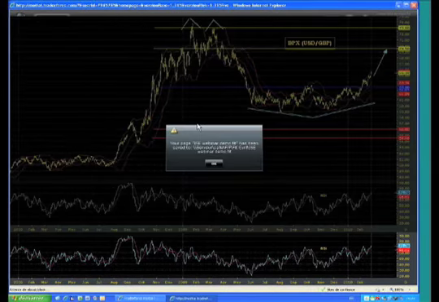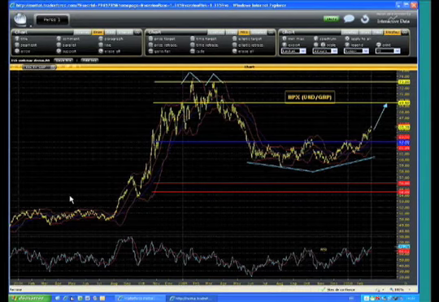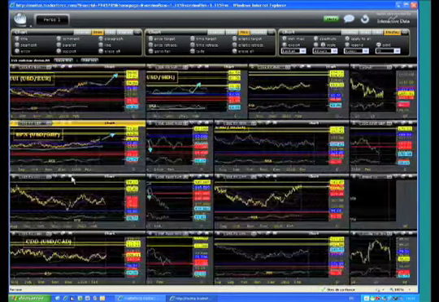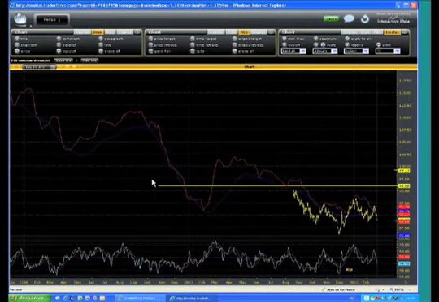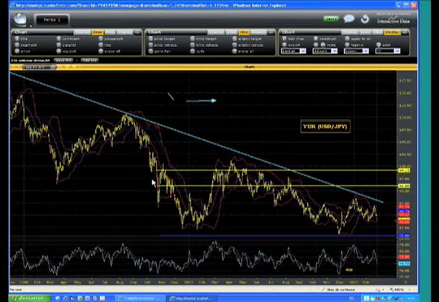On the Japanese yen, ticker symbol YUK, I think this pair will trade sideways in the coming weeks, maybe months.